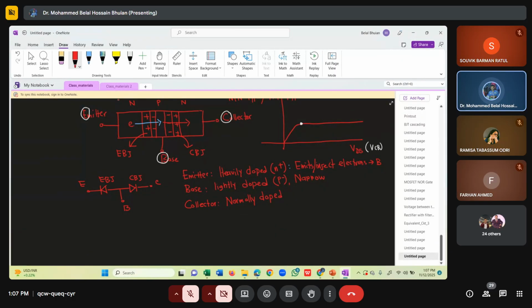So the emitter emits, and the collector does what? The collector collects the electrons emitted by the emitter.